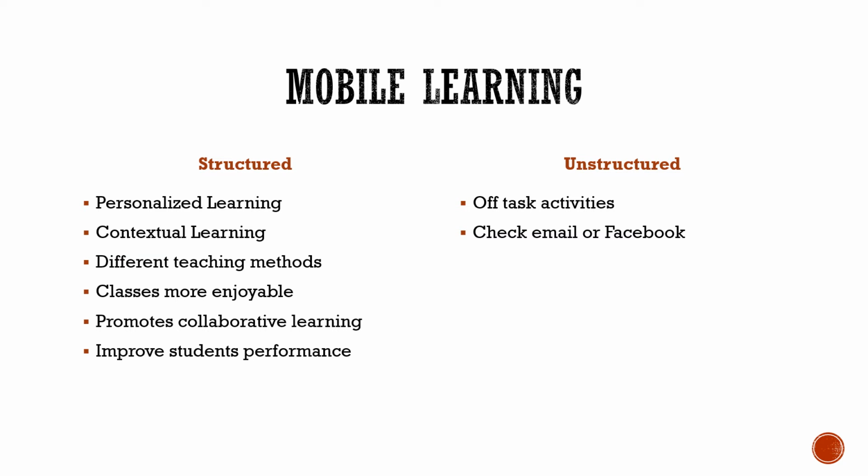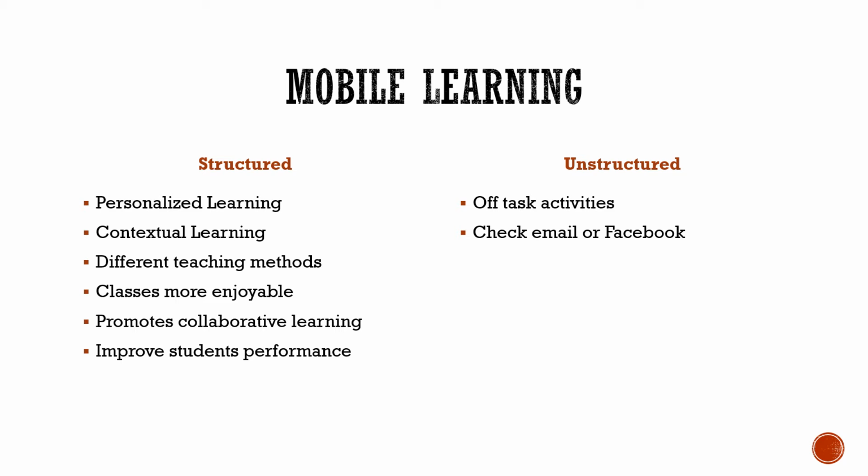However, one aspect of the article on mobile learning is that it has to be structured. Now, in this slide that you're currently looking at, there are two sides. One is structured and one is unstructured, as you can see. Personalized learning, contextual learning. We can go on down the list to improve student performance. However, if it's unstructured, the student can get off task, check email or Facebook.